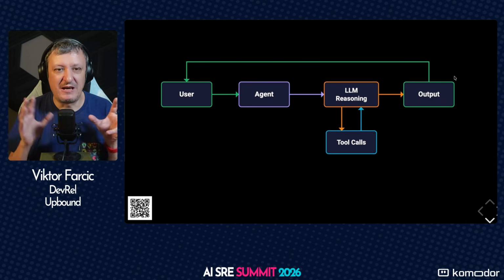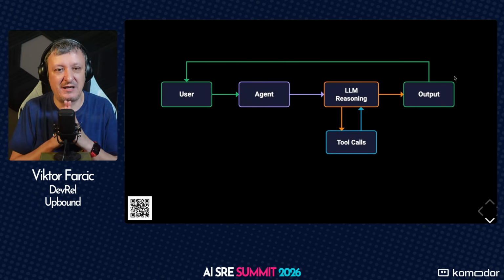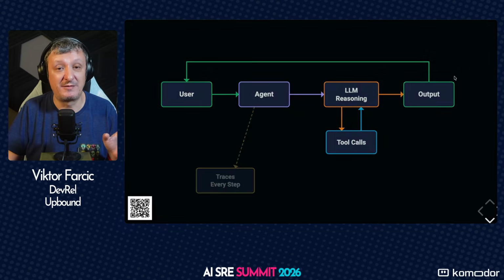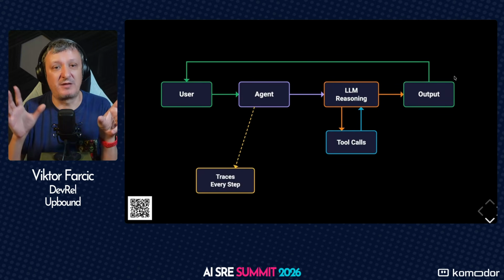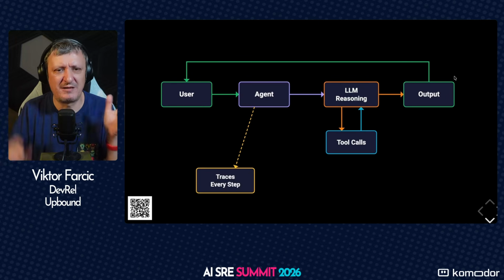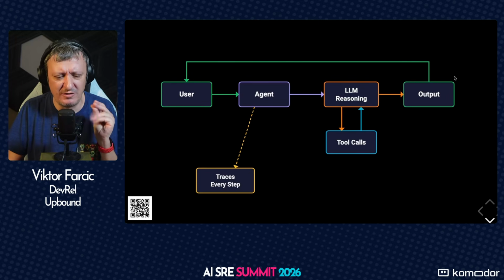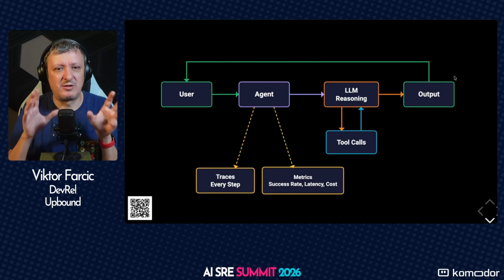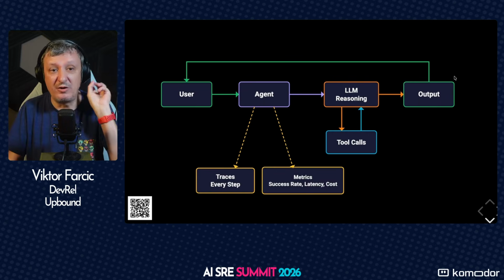And the only way we can actually handle that is through some form of tracing, right? If we use OpenTelemetry, or there are now new models coming up, or new protocols, but OpenTelemetry is still the king. We can actually trace absolutely everything. If you put something into an agent, we don't know what will happen.